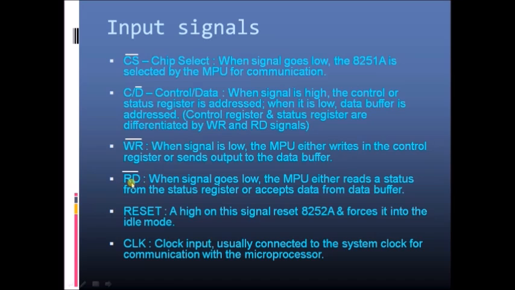It is used by the processor to intimate the 8251 that it wants to read data from the 8251. Then we have reset, an active high pin. If a logic 1 is given to this pin, then the 8251 will be reset and enters into idle mode. Then we have a clock input. As we know, every peripheral requires a clock signal, and that clock signal will be given with the help of this particular pin.